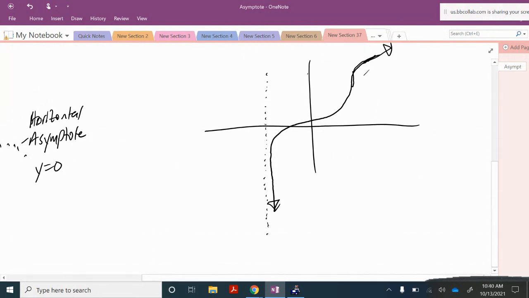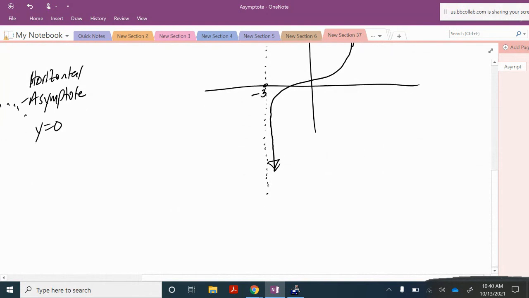And it would be in the form of, I'm just going to put something here, x is equal to -3. That would serve as the vertical asymptote. So when you're asked to find these asymptotes, you must list the asymptote in the form of an equation.